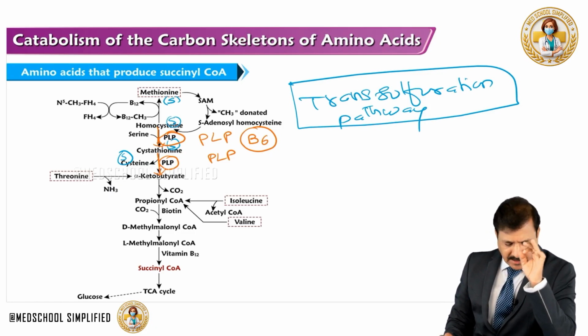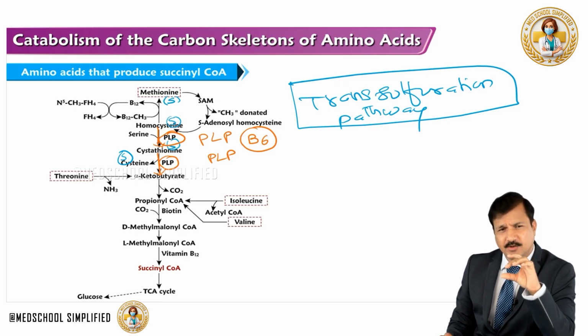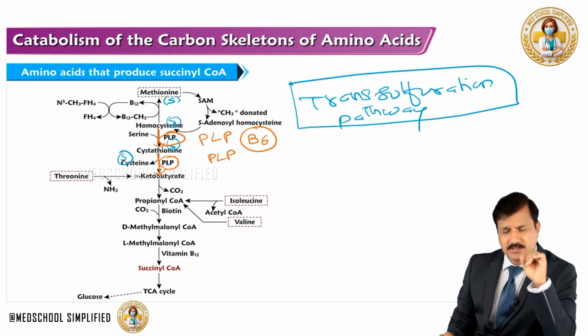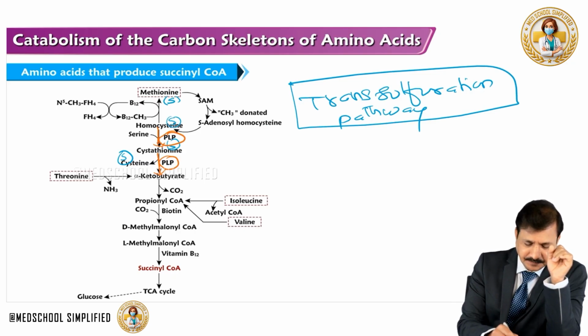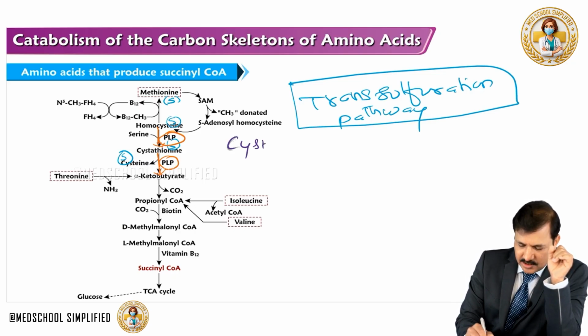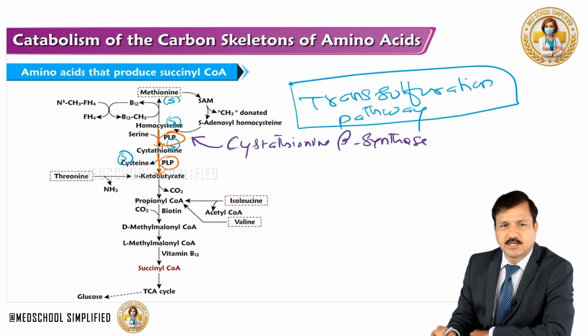Okay, so the two important enzymes that catalyze the conversion of homocysteine into cysteine and alpha-ketobutyrate in the trans-sulfuration process: the first reaction is catalyzed by the cystathionine beta synthase enzyme. Cystathionine beta synthase catalyzes the conversion of homocysteine into cystathionine.